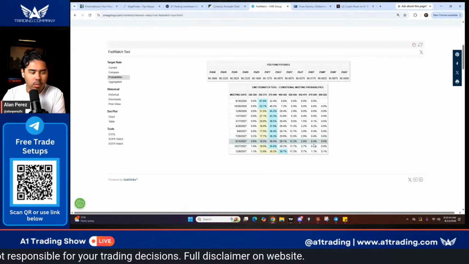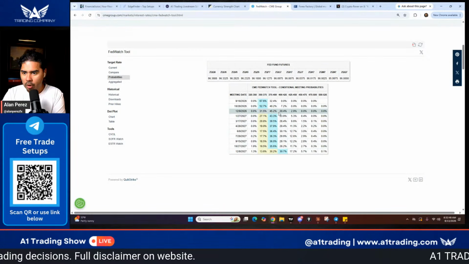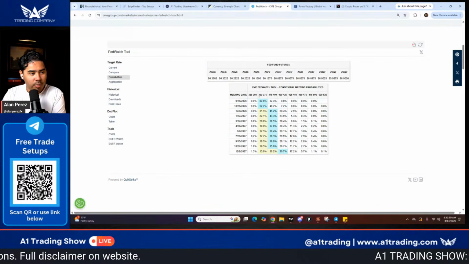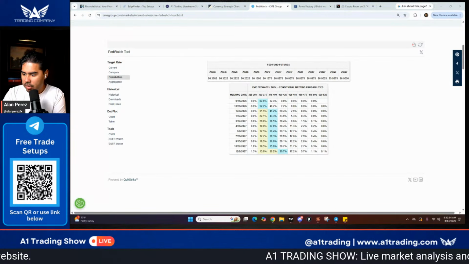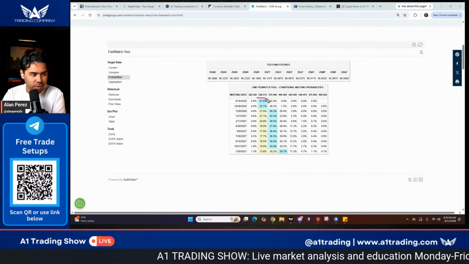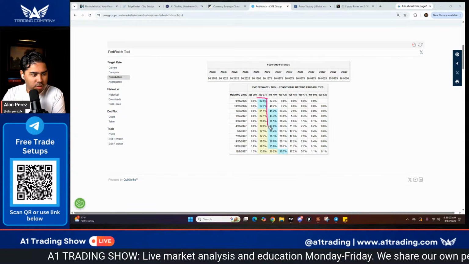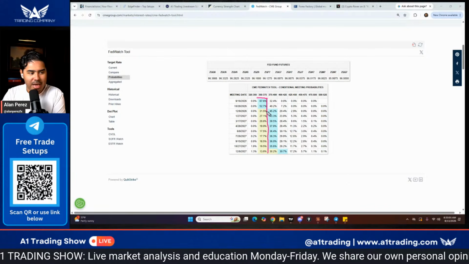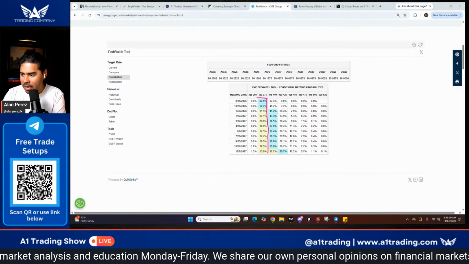And here's what I will say for the gold traders out there. This chart is very important. This is where we're at as far as rates go. This is where the Fed is at right now with interest rates. If you continue to see that this bar goes entirely blue, then that means we are going to just hold rates exactly where we are right now.